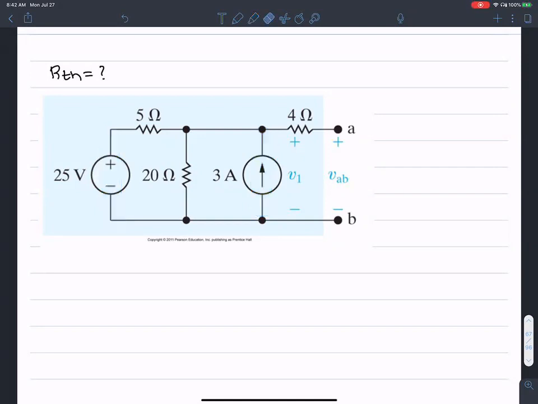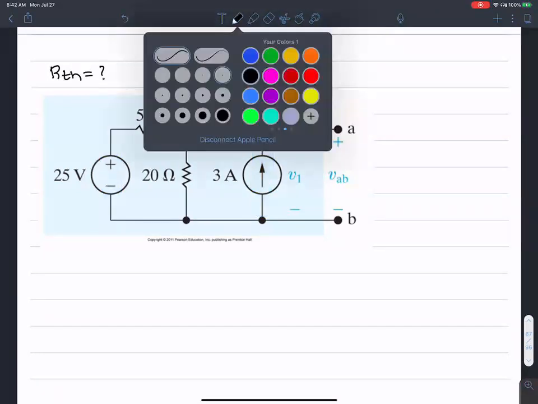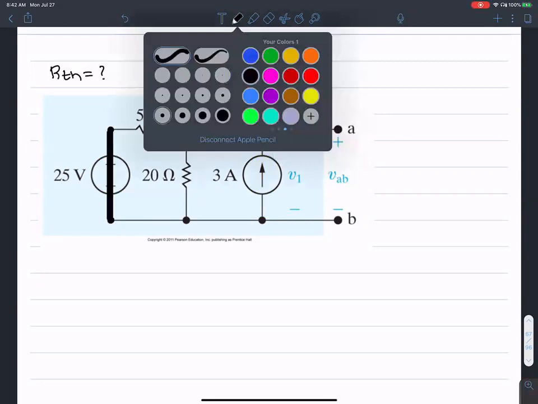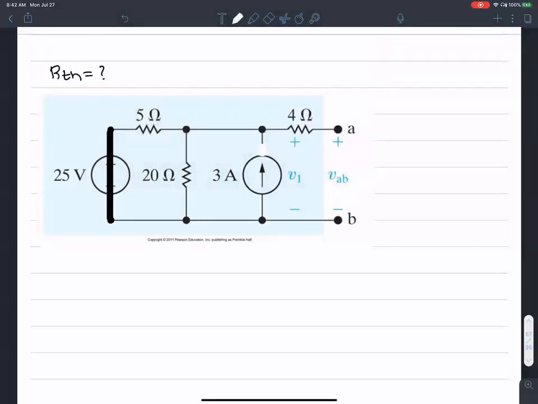In order to find RTh, I'm going to replace this voltage source with a short, and replace the current source with an open circuit. That's all I mean by deactivating.